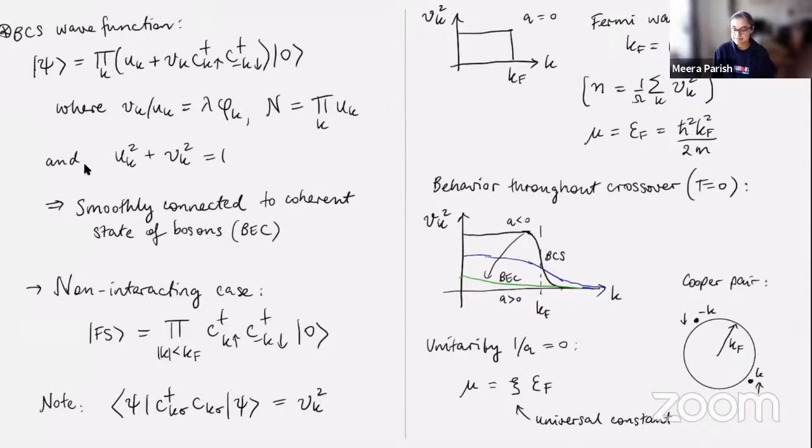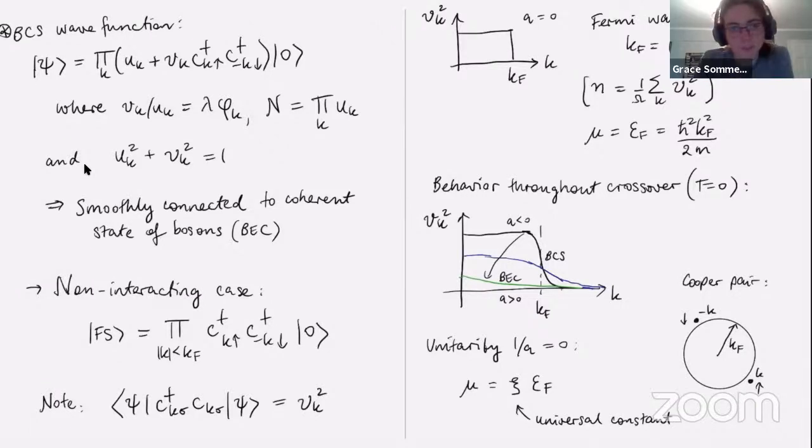On the BEC side, in the BEC limit, you can have a finite temperature phase transition to a normal Bose gas. And the same can happen here. If you raise the temperature, you'll lose the condensate or you'll lose the pairing.